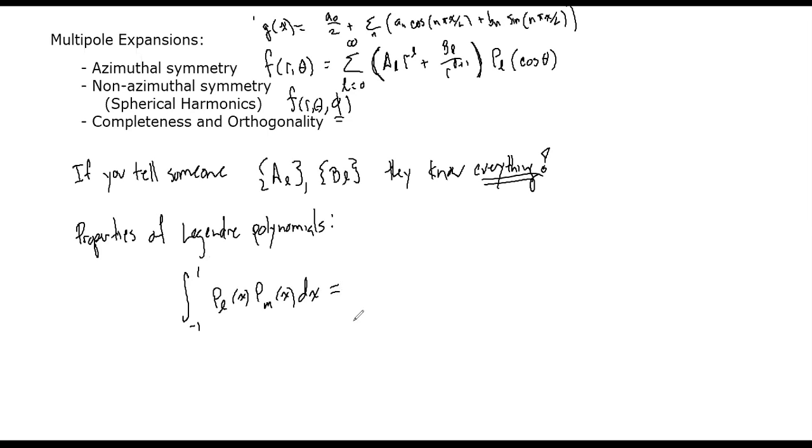And just for convenience, we made the change of variables from cosine of theta to x. So cosine of theta goes between -1 and 1, and the variable x would also go between -1 and 1. Somebody tell me what you want this to be, up to a constant.